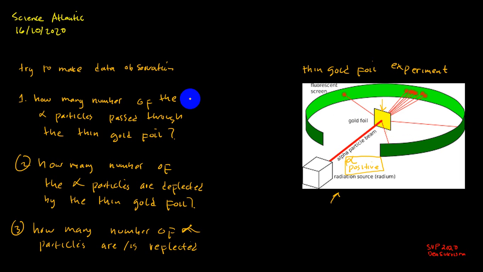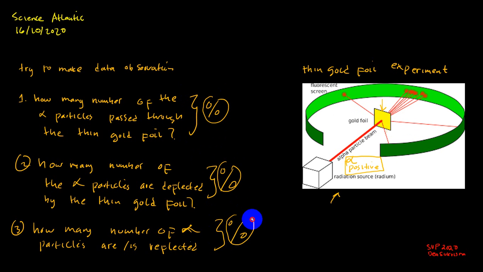After that, can you please also calculate the percentage? There are 6 questions, so question number 4 will be the percentage of alpha particles that pass through. This one is a percentage also. How to make the percentage? The percentage is, for example, answer number 1 divided by the total number of alpha particles, times 100%.